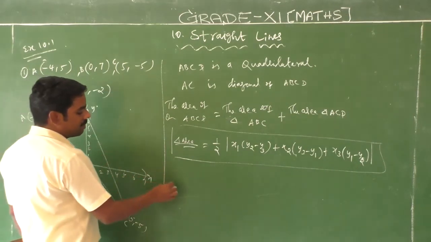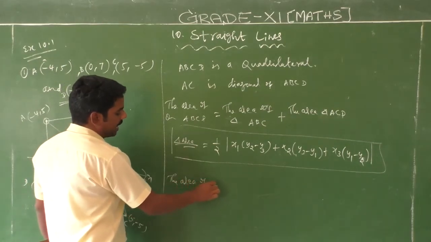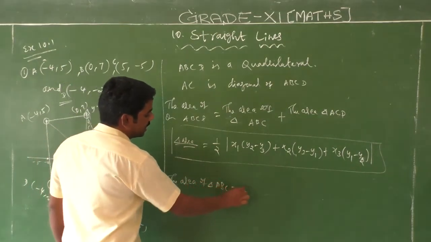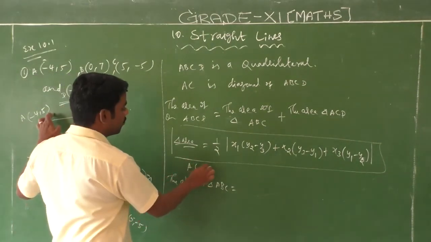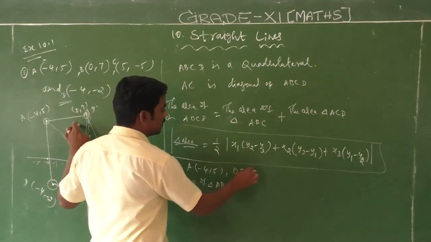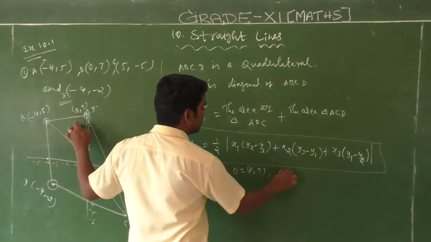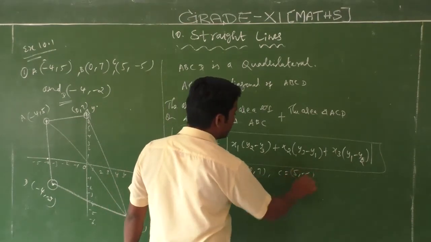Area of triangle ABC: here A is (minus 4, 5), B is (0, 7) and C is (5, minus 5).